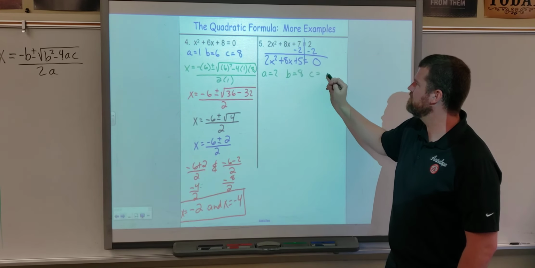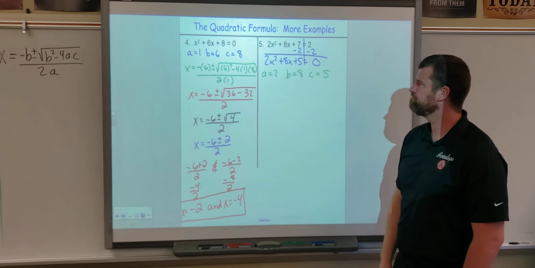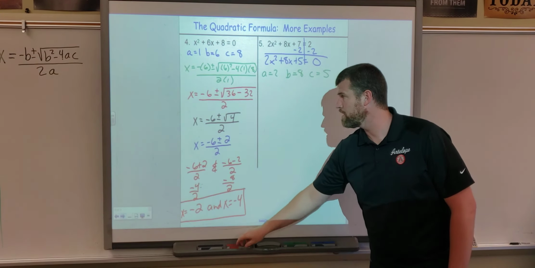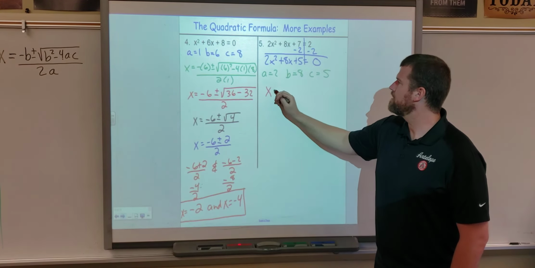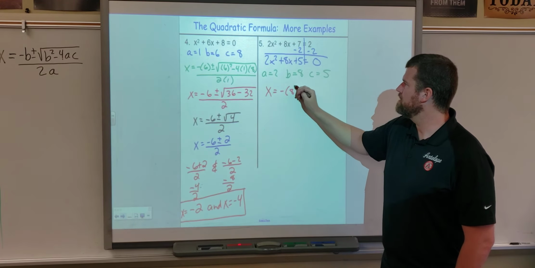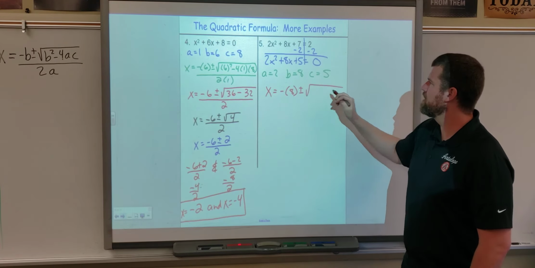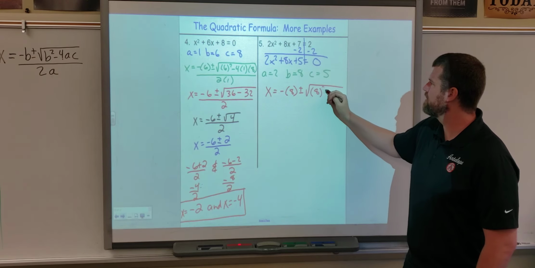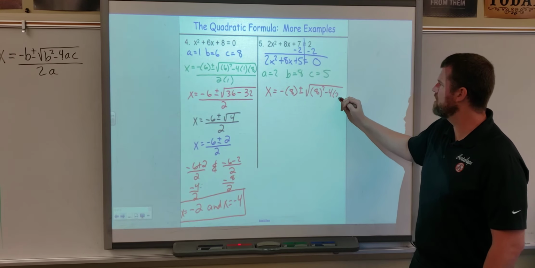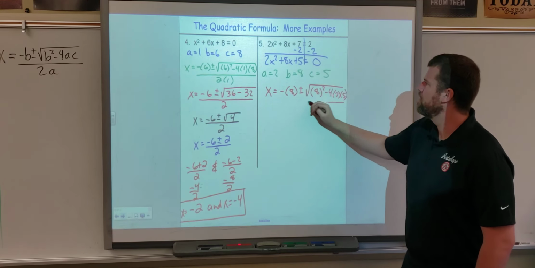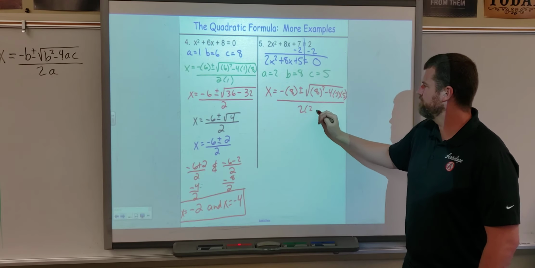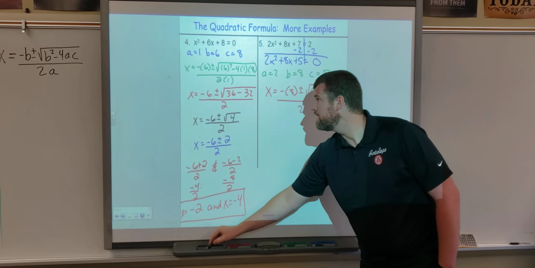And C equals 5. Plug them into the quadratic formula. X equals negative b plus or minus the square root b squared minus 4ac all over 2a. And then simplify.